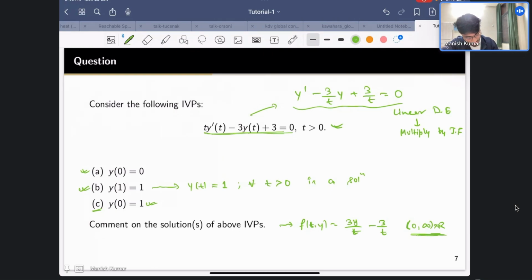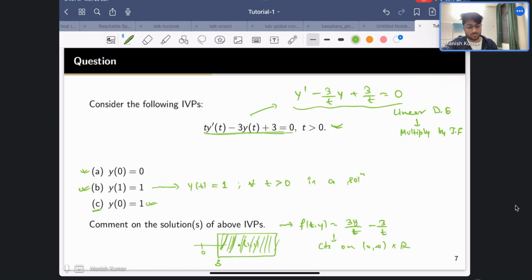So you have to consider a neighborhood of 1 comma 1, something like this. Now you can take some delta greater than 0. In this rectangle you can see the function is continuous, right? So this initial value problem B admits a solution.